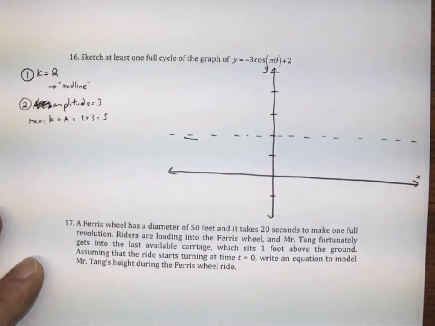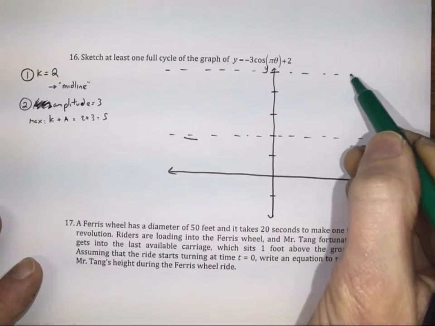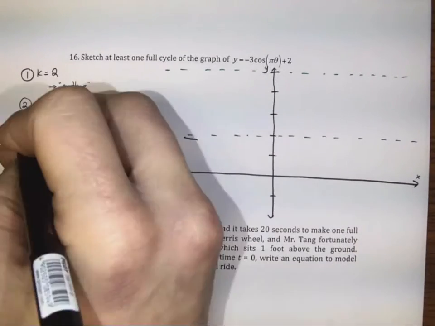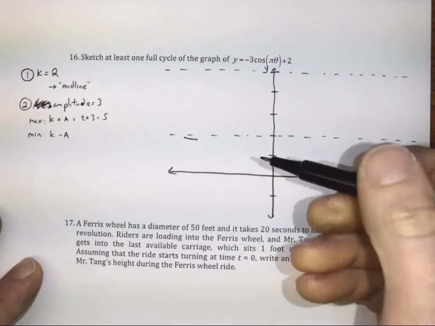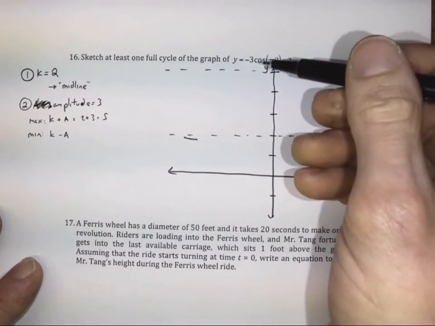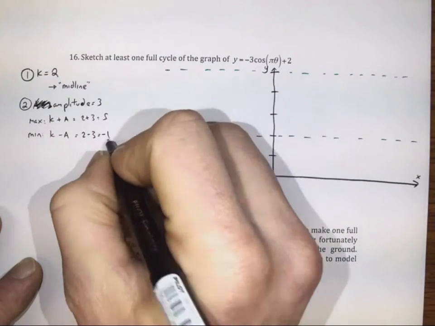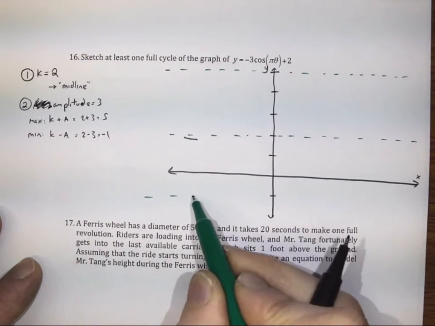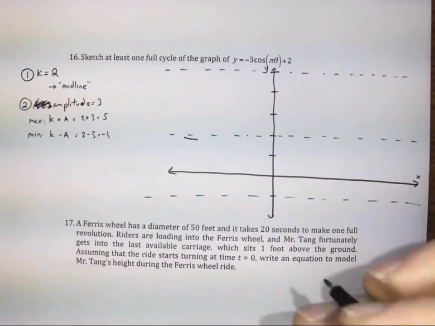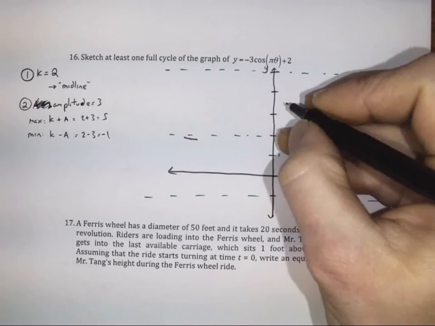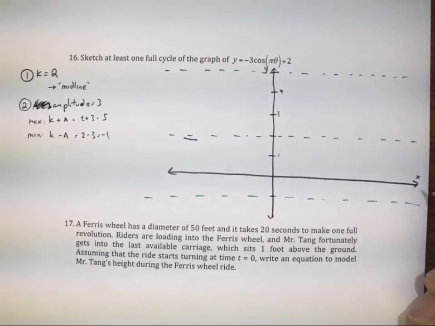So we're going to have a maximum value of 5, so it's going to go upward to 5. I'm going to draw that one there. And I know my minimum value is going to be k minus a: our midline take away the amount that our graph differs from the midline. So it's going to be 2 minus 3, or -1. So it's going to go all the way down to -1. Okay. And I might label this 1, 2, 3, 4, just to give some scale.